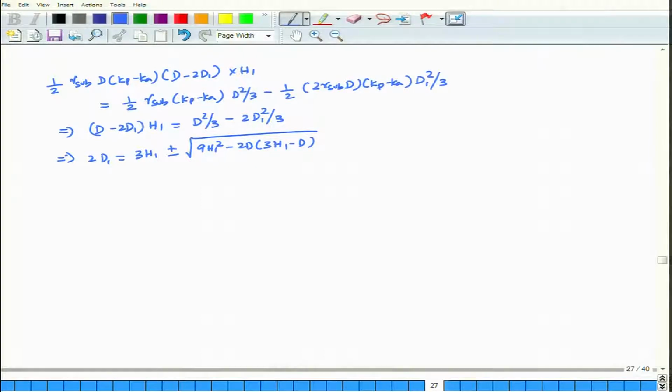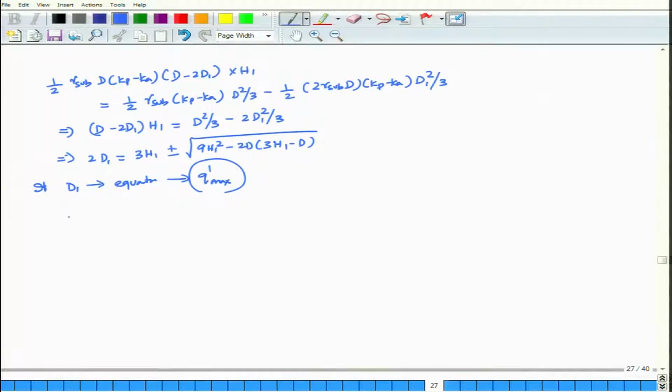So, substituting d1 in equation 1, the value of Q maximum can be found. If we can get d1, then substituting in equation 1, I can find out your maximum lateral resistance. We can get it for that particular well.